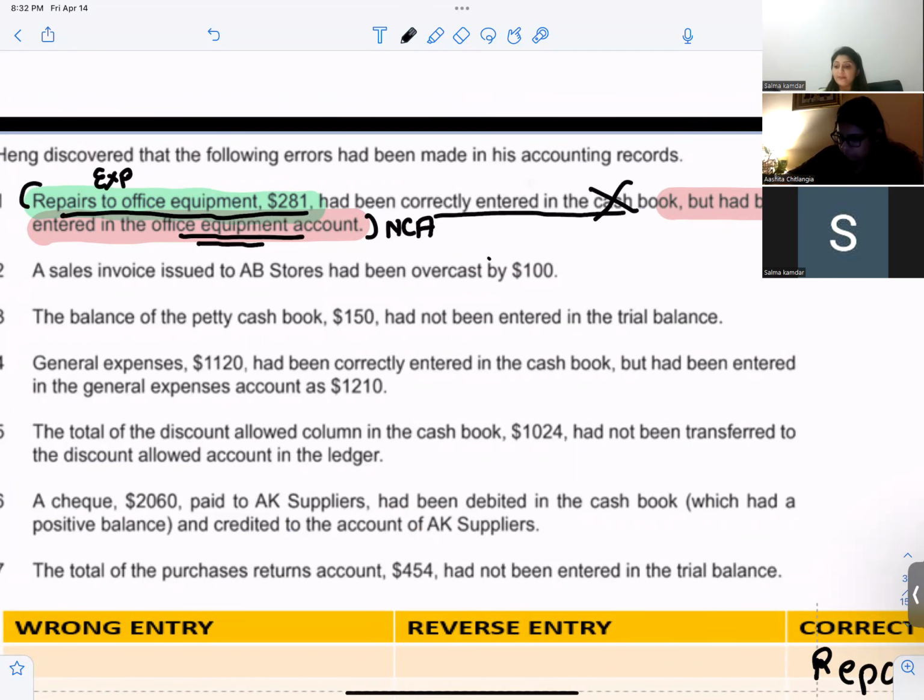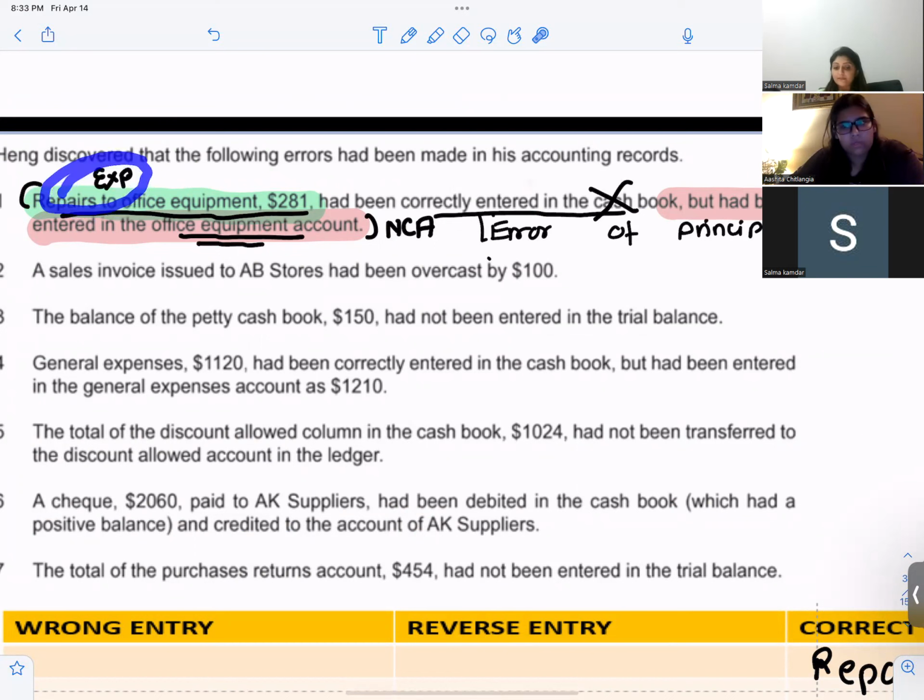Can you tell me which error this is? This is an error of principle. So you actually had to debit which account? The repairs account. But you debited which account?